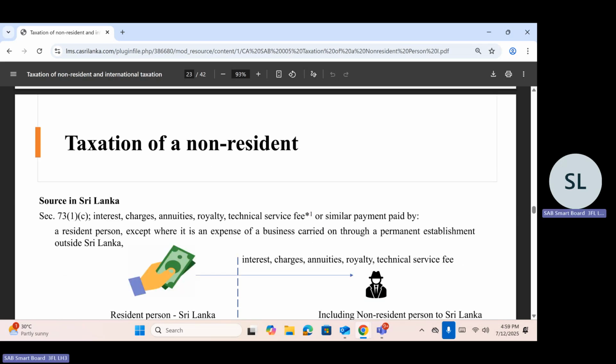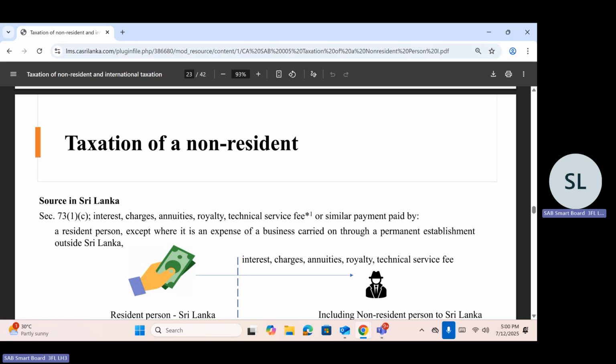Interest, charges, annuities, royalties, technical service fee. Right? Or similar payment paid by a resident person, except where it is an expense of a business carried on through a permanent establishment outside Sri Lanka. As per this law, it says payment. What type of payment? It says interest, charges, annuities, royalties, technical fees, or similar payment.